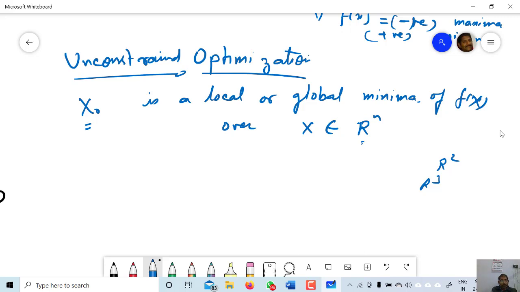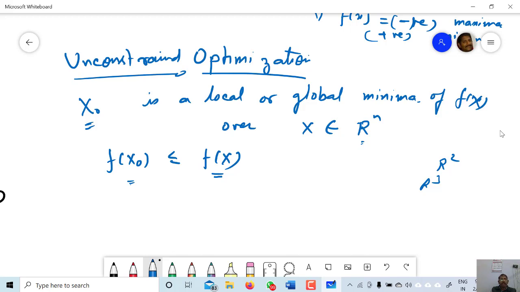This point is a local minima. So if this point is a local minima, that means f(x0) must be less than or equal to f(x) for every point of the space, because its value should be minimum at that point. So this should be the first condition.